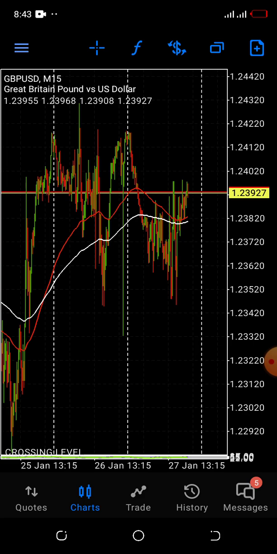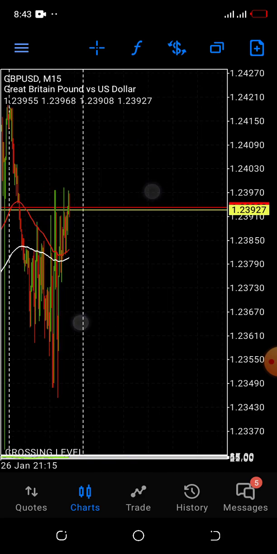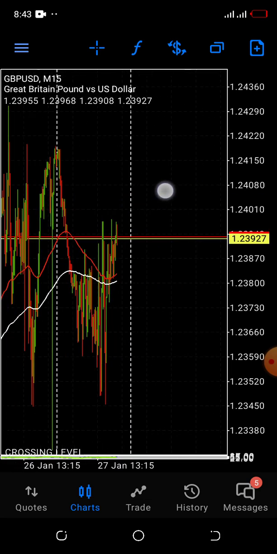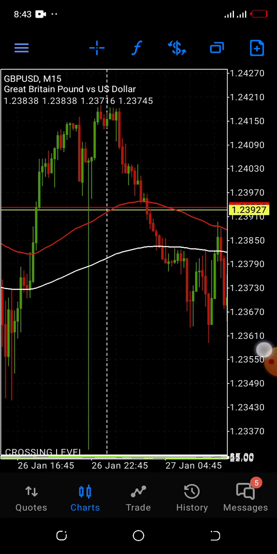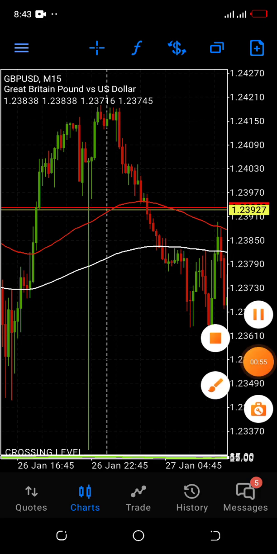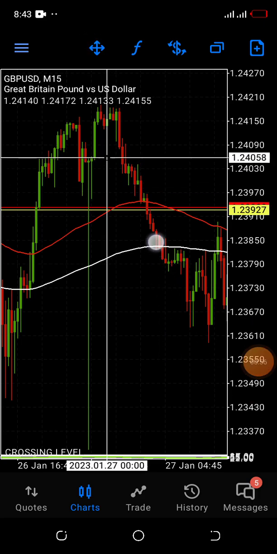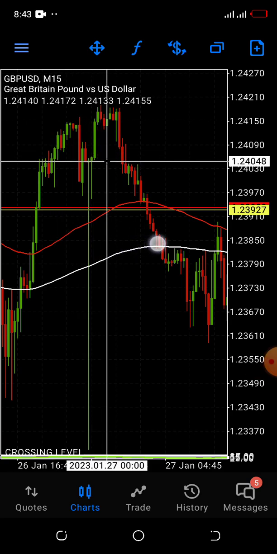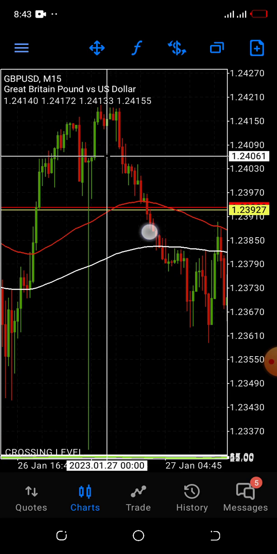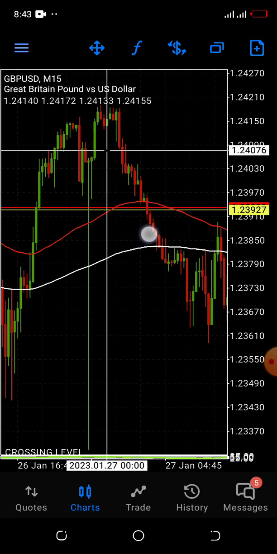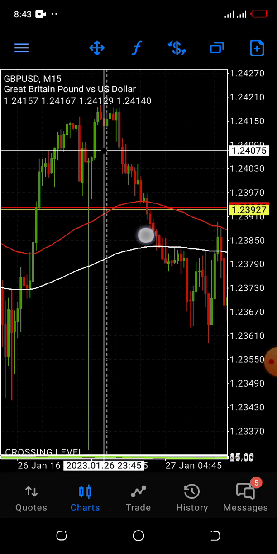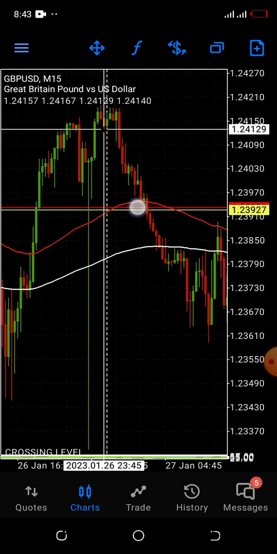Now what you will do is, at the beginning of each day, you will go to the previous day. Now this is Thursday, this is Friday. This green candle here is the beginning of Friday, which is today. Before this green candle, the day before, which is Thursday, ended here on this red candle.